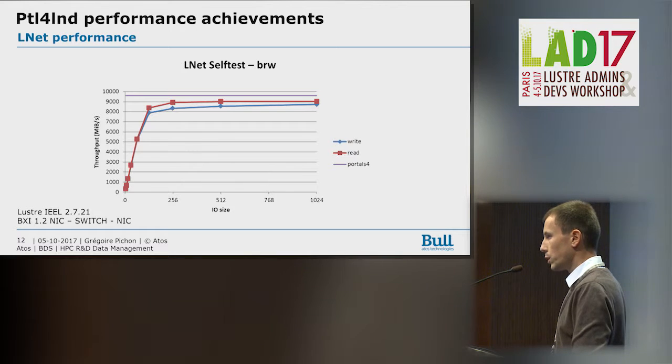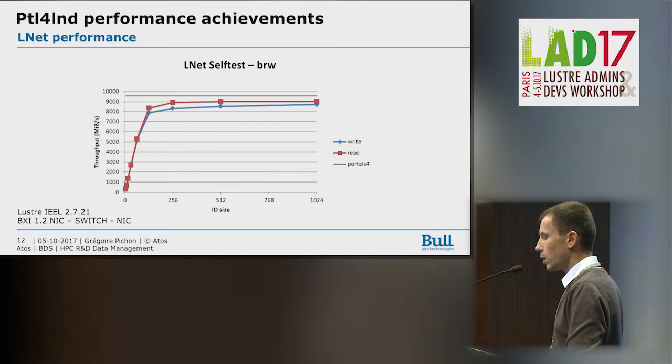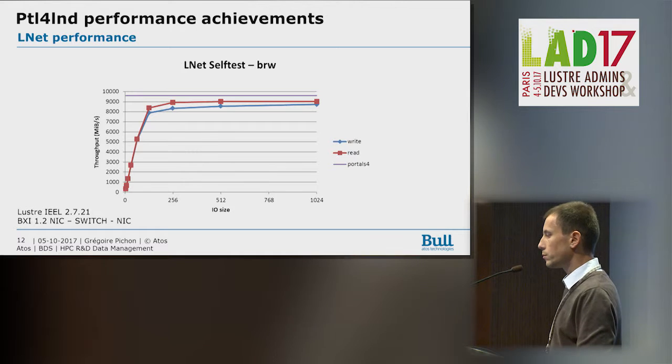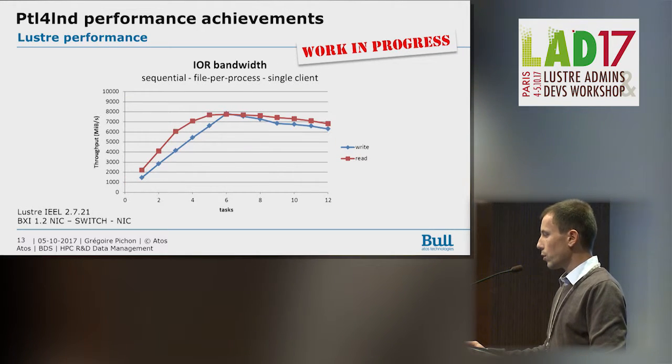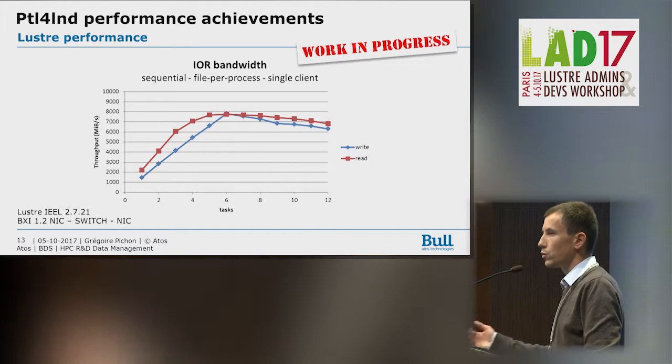So we think we can gain a few hundreds of megabytes again. And at the LNet self-test layer, we almost reached 9 gigabytes per second in read and 8.7 in write. We started working on the Lustre performance with that LNet layer, and globally we reach 8 gigabytes per second, and this is actually not really related to the network layer, but more related to our configuration.